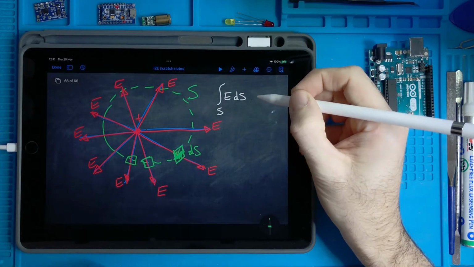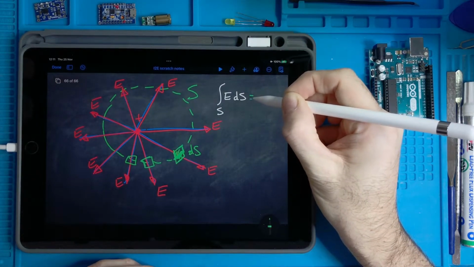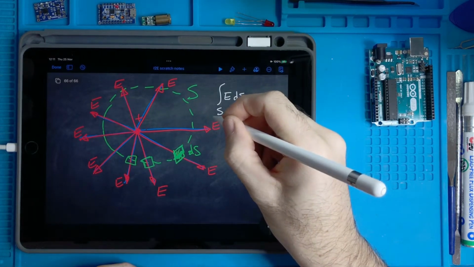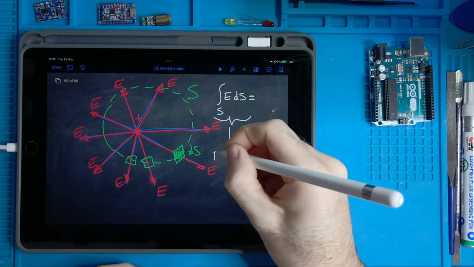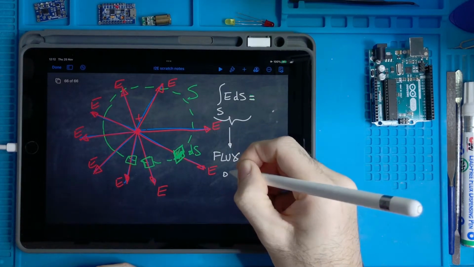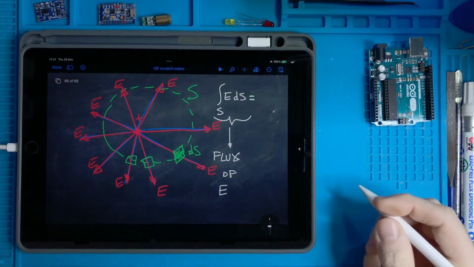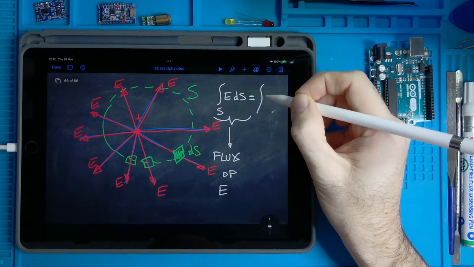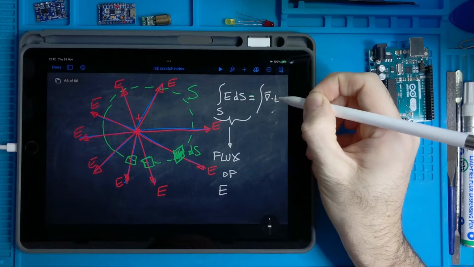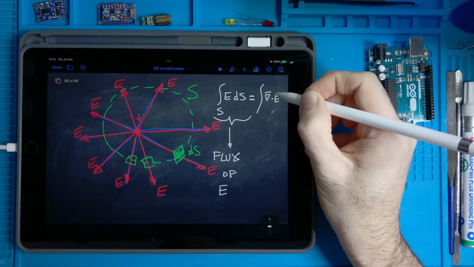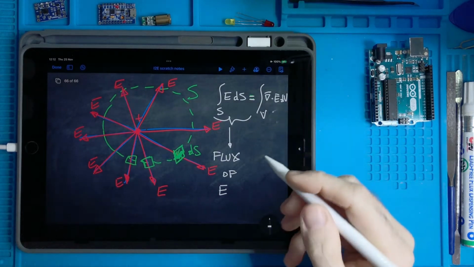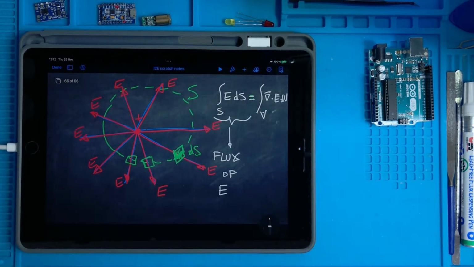One result of the calculus is that this thing, which is called the flux of the electric field, is equal to the integral of the divergence of E in the volume enclosed by the sphere of interest.